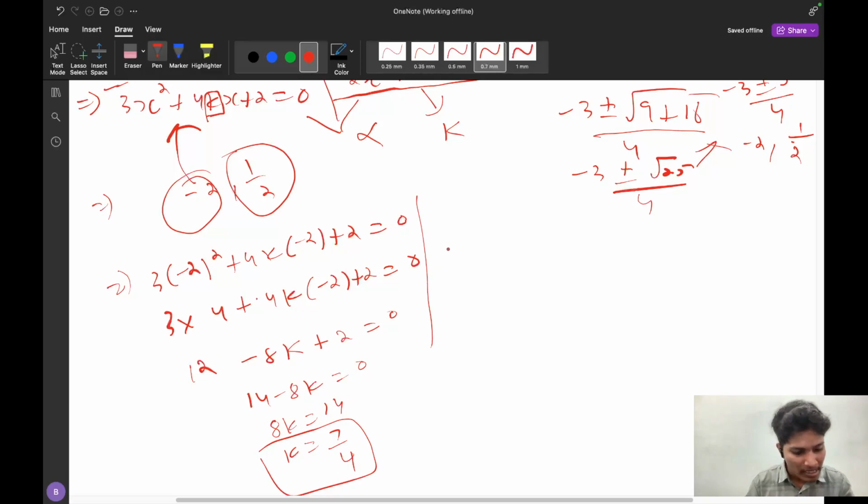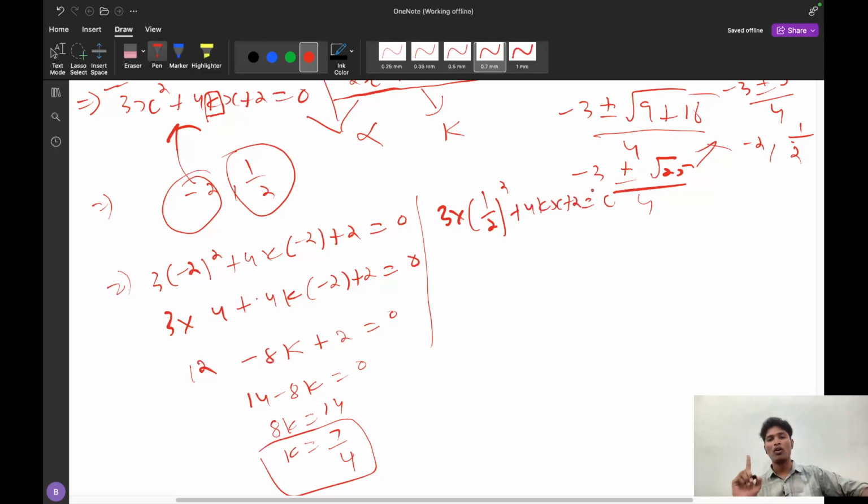And suppose 1 by 2 is the common root. Now again I have to substitute 1 by 2 in the equation. Two values can exist here, but only one root will be common, exactly one root. So 3 into 1 by 4, plus 4k into 1 by 2, plus 2 is equal to 0.